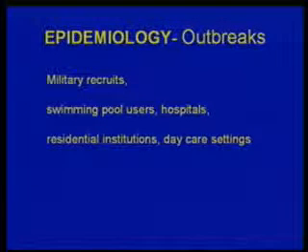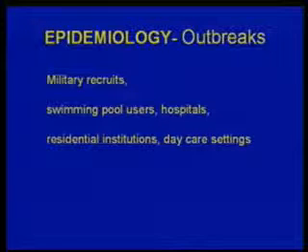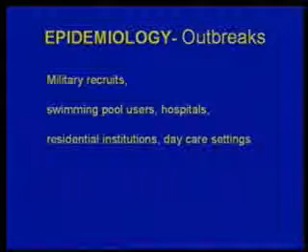Now, the outbreak situations are interesting to note because they have been well described in people who are in close quarters: inhabitants, daycare settings, residential institutions, as well as hospitals, and particularly military recruits.